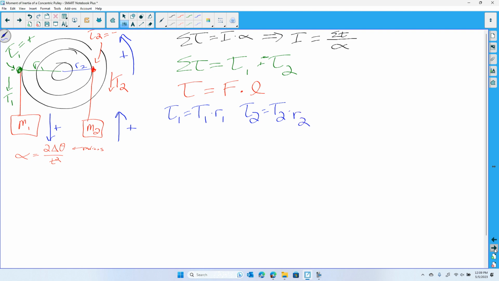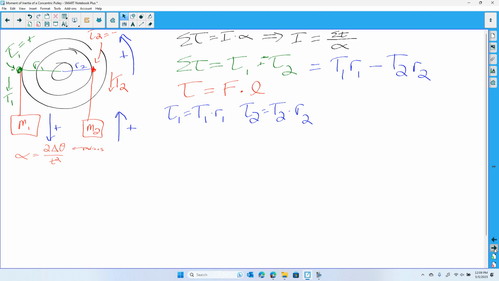I'm going to rewrite that because I wrote that r in a funny spot. So that means our sum of torque equation here is actually going to be equal to T1 times R1 minus T2 times R2. The tension in the left-hand string times its distance from the center of rotation, causing positive torque, plus the tension in the right-hand string at distance r2 from the center of rotation exerting negative torque.